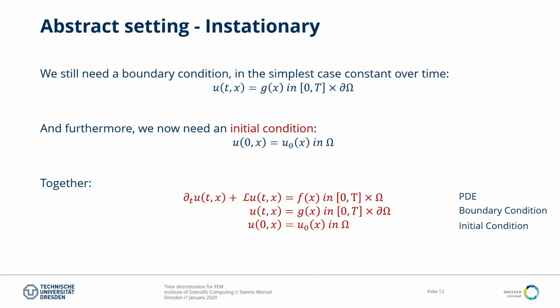And yeah, if you look at this precisely, this is not that much more complicated. You could say this was the original problem where we started, and the only thing we have added is a time derivative and some initial condition, or a boundary condition in time.